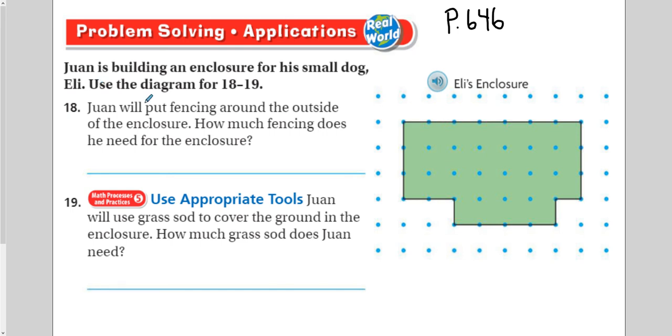All right, so Juan puts fencing around, so I think this is our key word here, around the outside of the enclosure. So this should be our first clue here that we are going to be finding the perimeter. Okay, so we're going to find the perimeter coming around here.